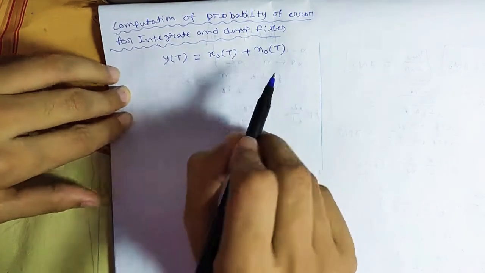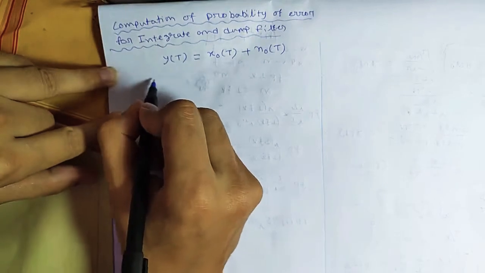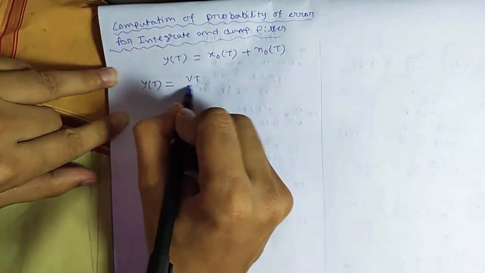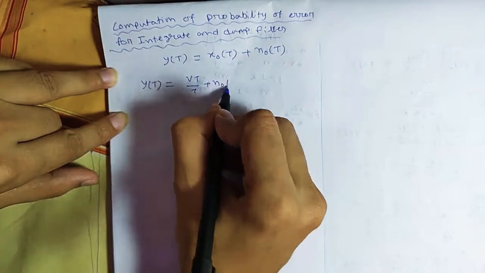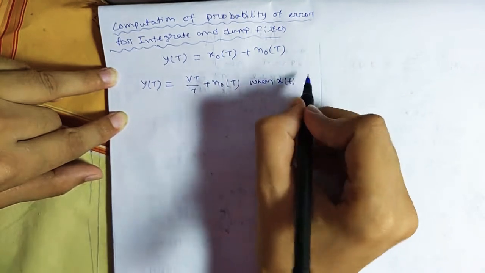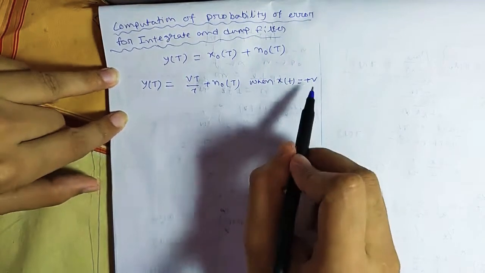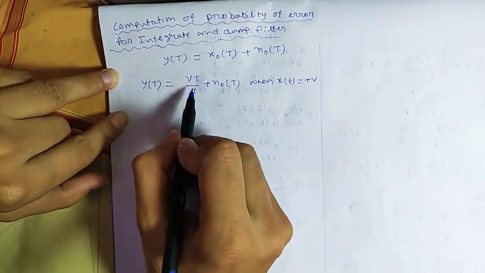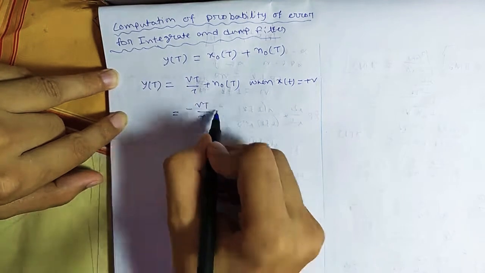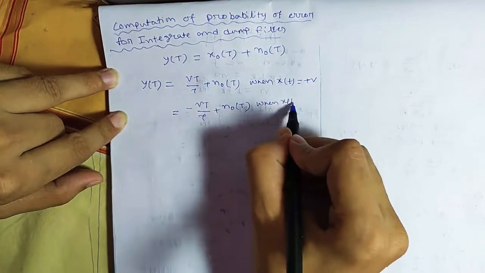The transmitted pulse is either plus V or minus V. So y(t) is already determined as Vt by tau plus n0(t) when x(t) equals plus V. When the transmitted pulse is plus V, the output, as we already determined, is Vt by tau plus n0(t), and it is minus Vt by tau plus n0(t) when x(t) equals minus V.